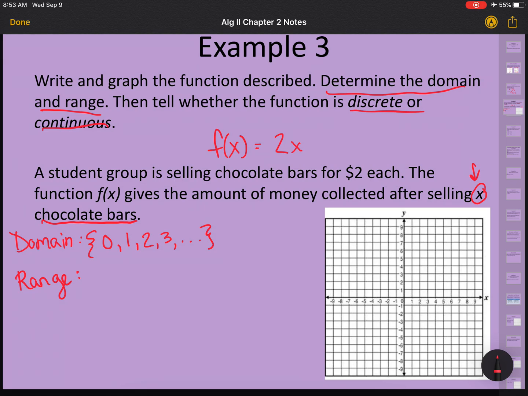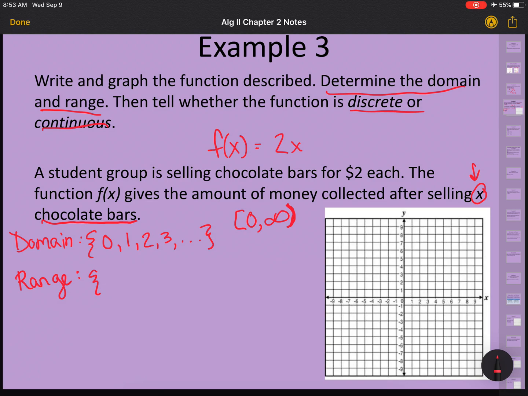So $2 times each chocolate bar. That will be our function because it doesn't give us any other info. So I could plug in any x value, 0 through basically infinity, on and on forever, which, by the way, can be written like 0, comma, infinity with parenthesis in interval notation if you wanted to.